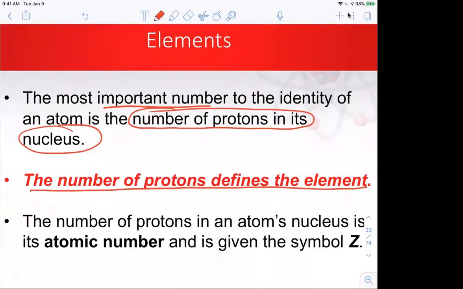If I don't have 6 protons, I don't have carbon. The number of protons defines the identity of the element. Now, the number of protons is called the atomic number. It's listed on the periodic table, and the symbol for the atomic number is a Z.